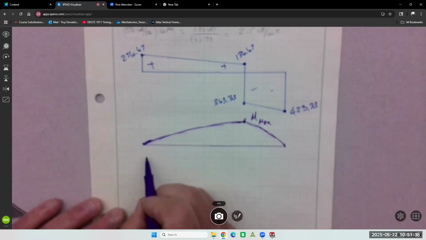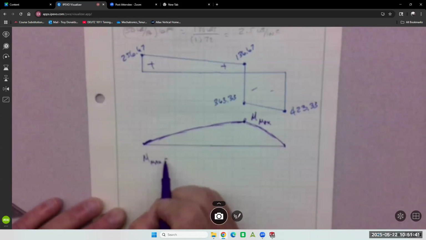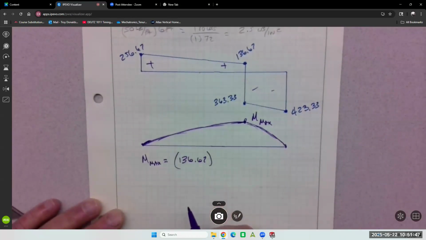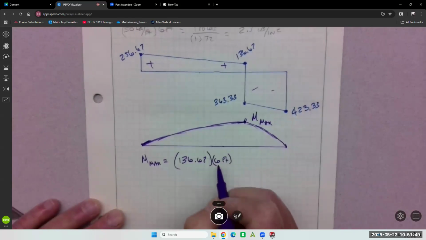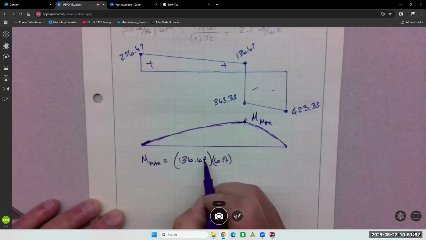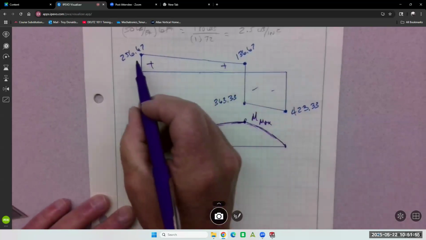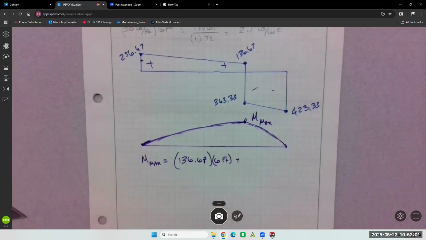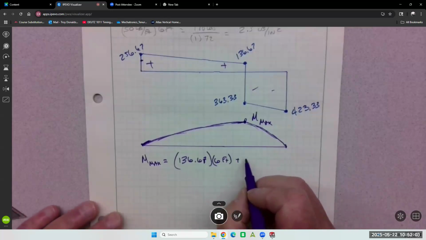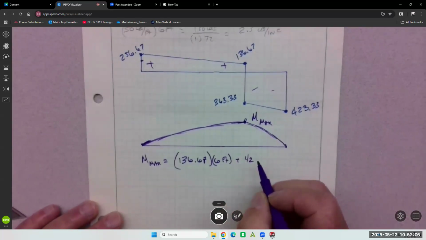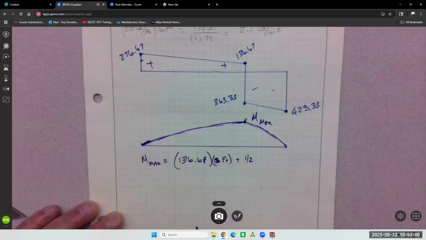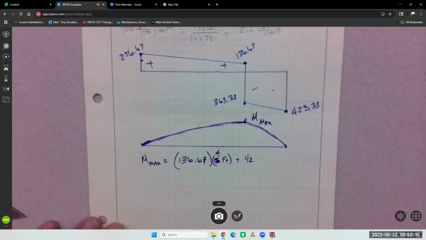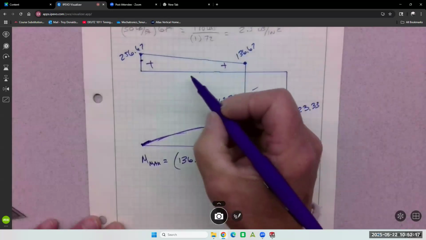Then to get that M max, we need these areas, so it's the 136.67 times 6 feet, plus the triangle. So you only have to do the area math to the left of the max. Correct, just to the left. 1/2 the base. Oh, wait, this is 4 feet, sorry. That was almost a mistake, because the base here is 4 feet.